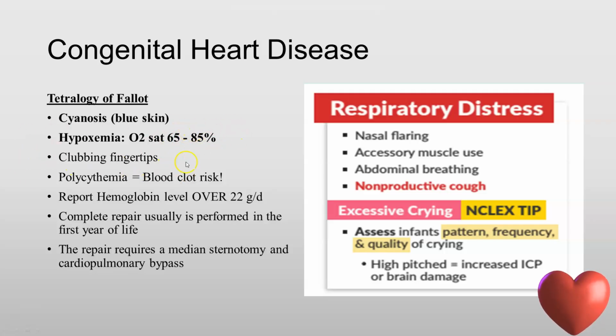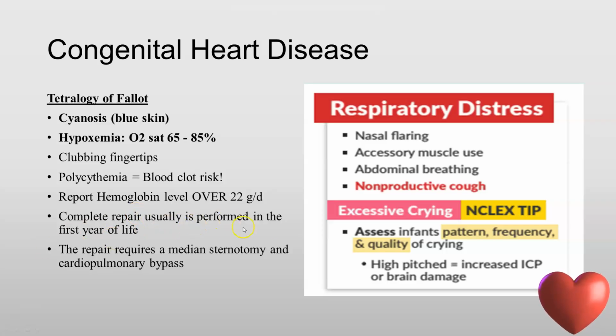Again, we talked about clubbing. Because of the underlying disease process, polycythemia, which is going to increase their blood clot risk. We're going to monitor them for hemoglobin levels that are over 22. Again, our body's compensatory mechanism to a lack of oxygen is to create more red blood cells. But this can be problematic by making that blood thick and viscous.